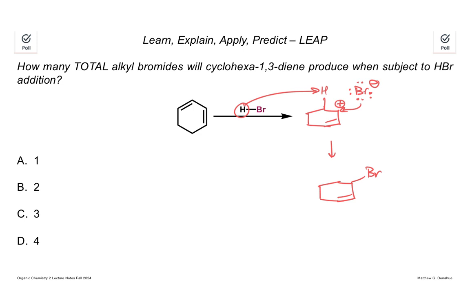Remember the structure of a carbocation in general: the plus charge resides in a p orbital, which has two lobes, a top and a bottom face. So that bromine can trap from the top or the bottom of the plane. And what that does is generate a stereocenter here.